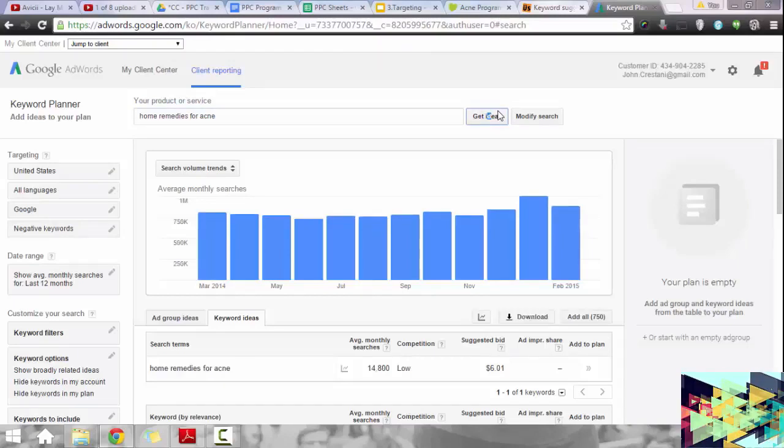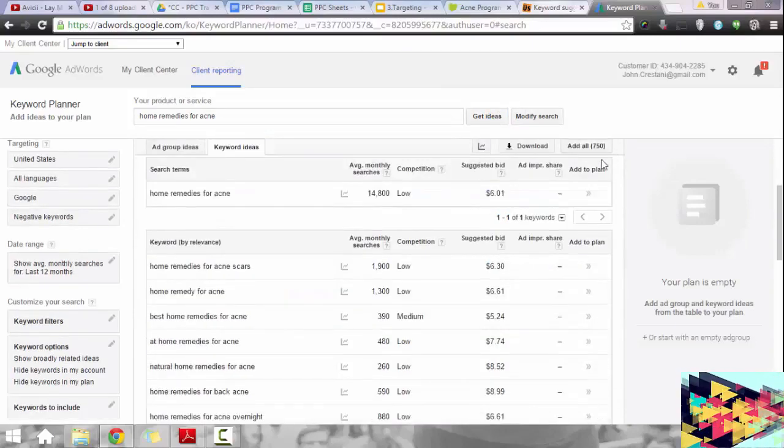Maybe her product, the Candida Cleanse, is a home remedy for acne. So let's say we want to go after that term because we think it's important.